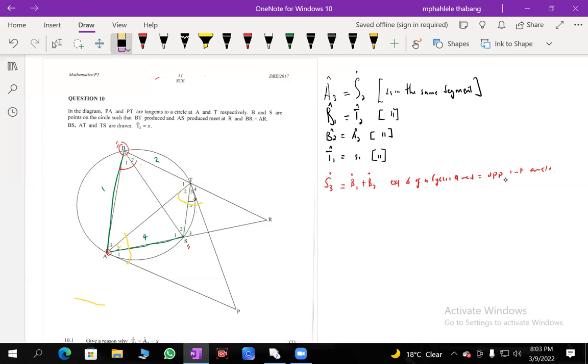Angle T3 plus T4, which angle is that equal to? The whole angle A. Wow, you wanted to show the examiner who you are.